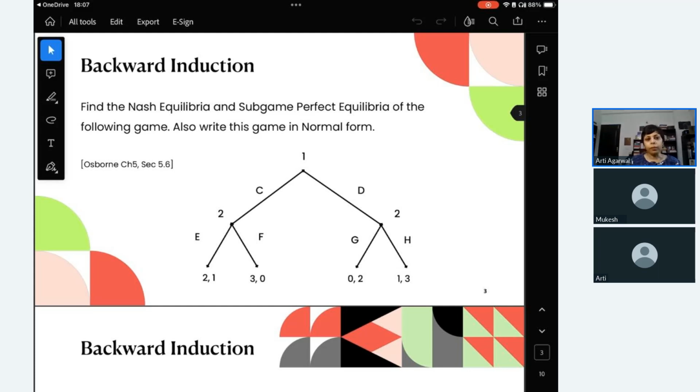This is a simple game. It is from the book by Martin Osborne, and it's just a two-step game. There are no multiple complicated things. So let me open the notes also.